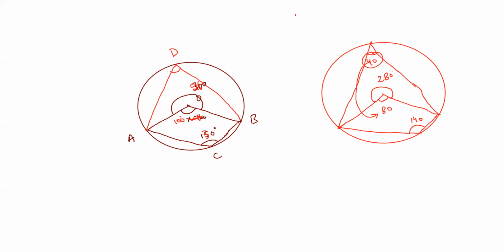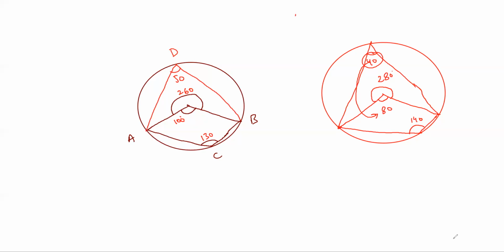Okay, so if I just neaten it up a bit, the things would get clear. Suppose this angle is 100, the angle over here will be 50. If this is 50, this is going to be 130. This is 130. This angle is going to be 260. So we have discussed three properties over here.